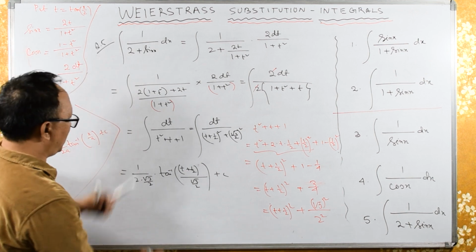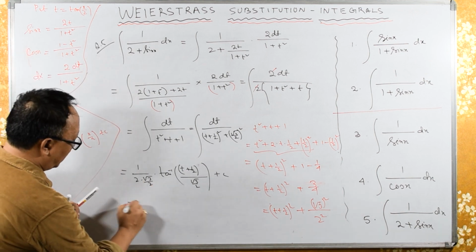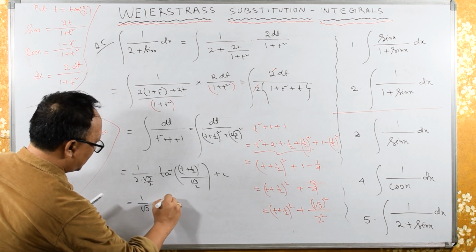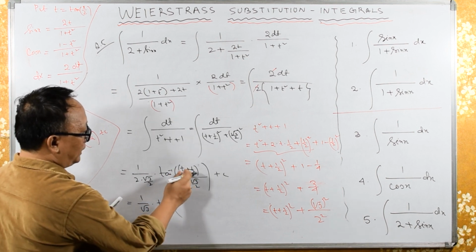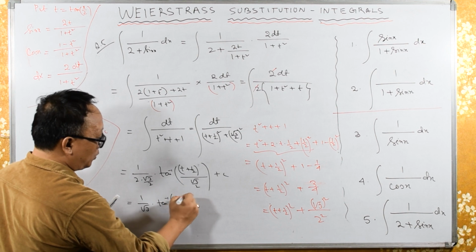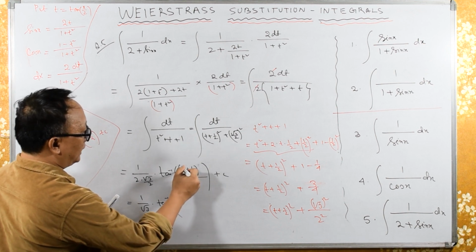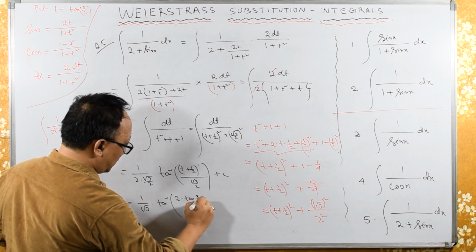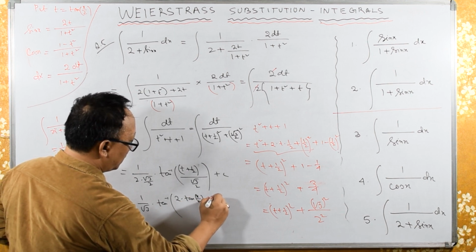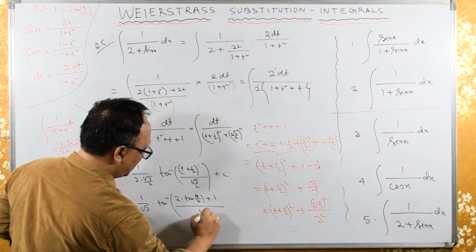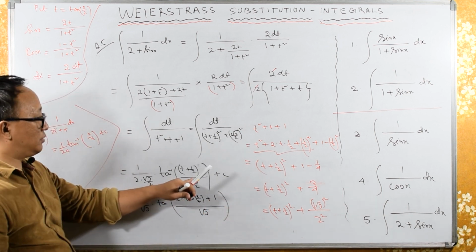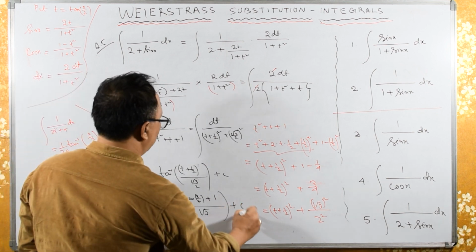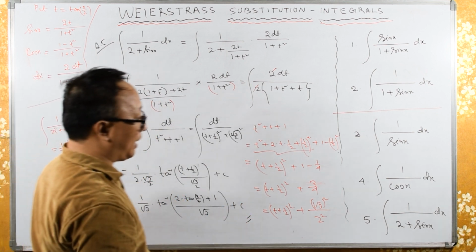T is tan x by 2. Therefore the 2 gets cancelled. We have 2 upon root 3 tan inverse, and here if I take LCM, 2 into t means 2 into tan x by 2 plus 1 upon root 3, because these 2 and these 2 get cancelled. This is the required answer for question number 5.